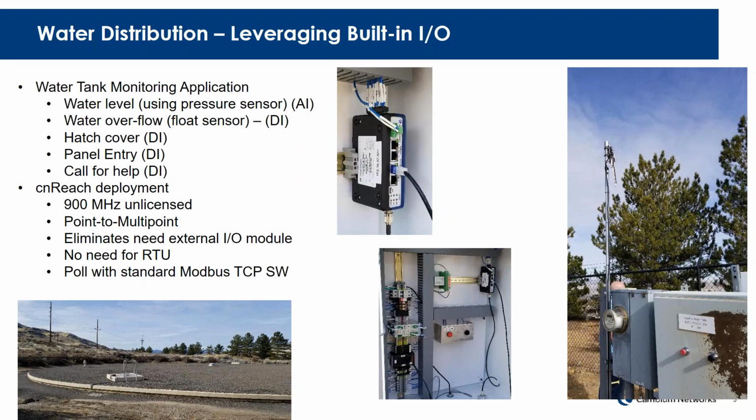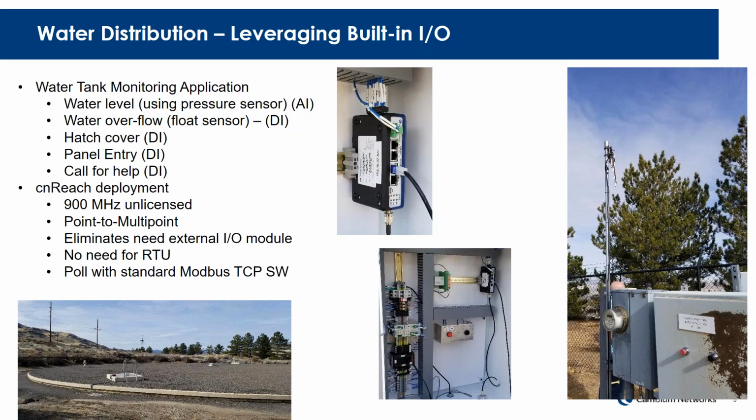And then finally, you'll see in the picture, middle of the bottom, the lower middle picture, there's a red button there. The technician on site can push that button if they need help, and it's sort of a quick alarm button that they can push or clear. That's another digital input. So what you'll see in the upper picture in the middle is the cnReach radio with those wires coming in the top.